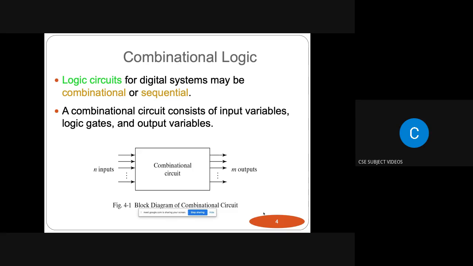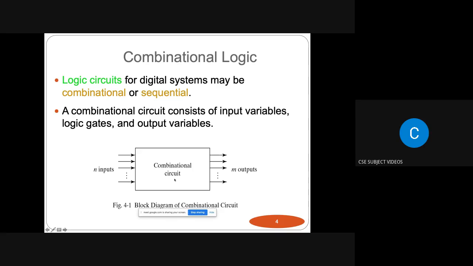Combinational circuit is combinational logic. First, we'll see the definition of combinational circuit. A combinational circuit consists of input variables, logic gates, and output variables. We can also define it as a circuit whose output depends upon the present combination of inputs.